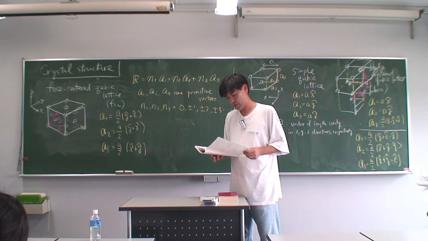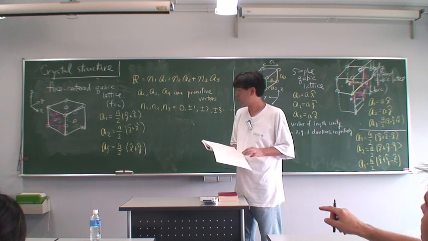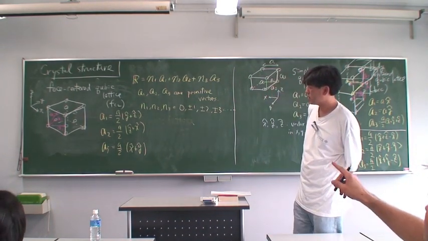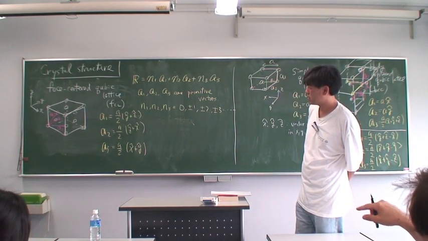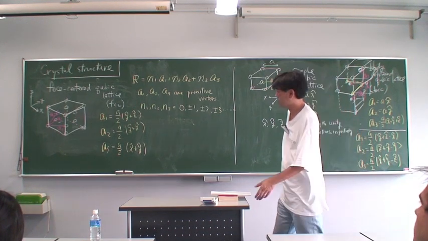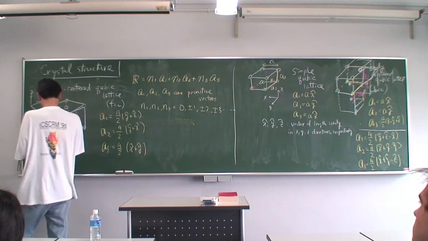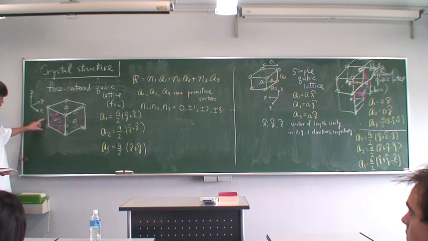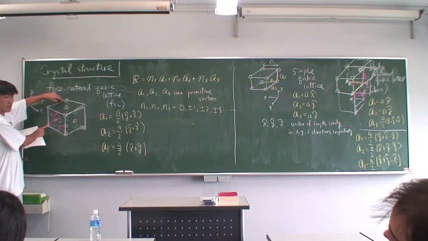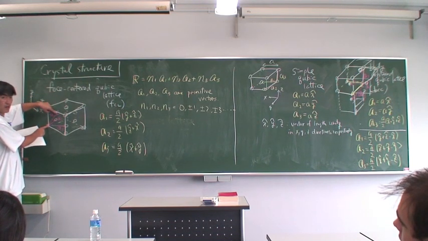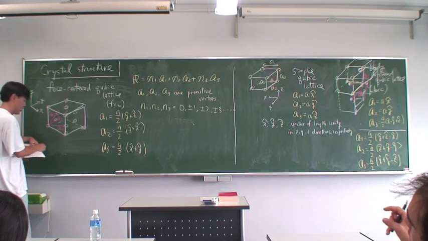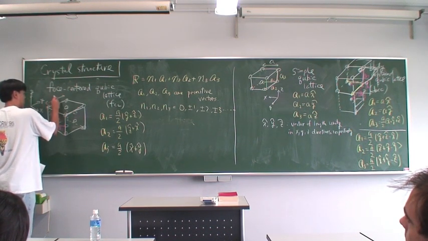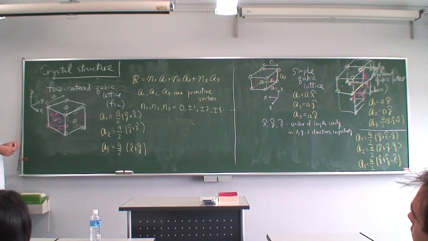Is that A over 2 square root of 2? Here, for example, A1 is this plus this, divided by 2. A is always the distance here.